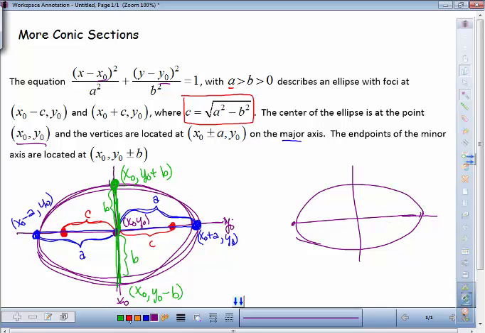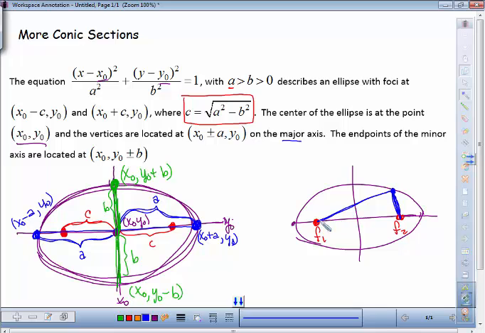And here, there's a similar definition where the ellipse is all the points such that, from the foci, let's call them F1 and F2, focus point 1 and focus point 2, the total distance from F1 to any point on the ellipse and from F2 to that same point on the ellipse is going to be the same.